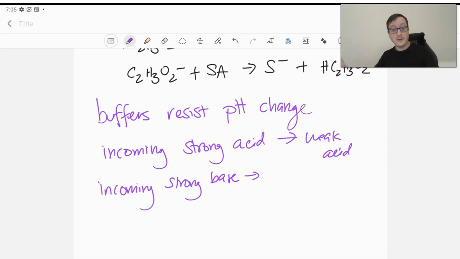Your weak acid will react with your strong base, producing your weak conjugate base. Overall, they resist the pH change. In either case of addition of acid or base, your buffer system will prevent it from happening.